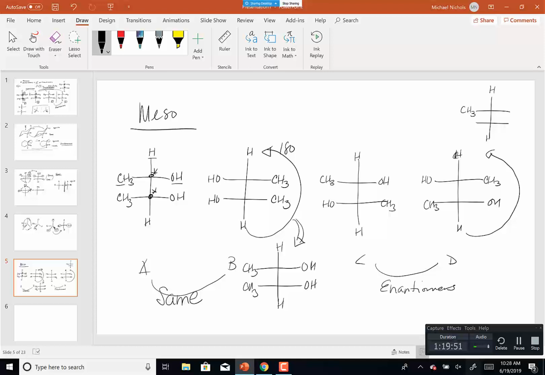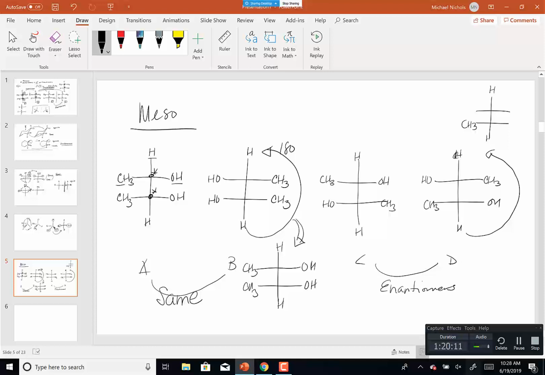Actually, sorry. This methyl group, when it's switched over, comes down here. So when I take this one and I rotate it 180 degrees, the methyl group ends up there.